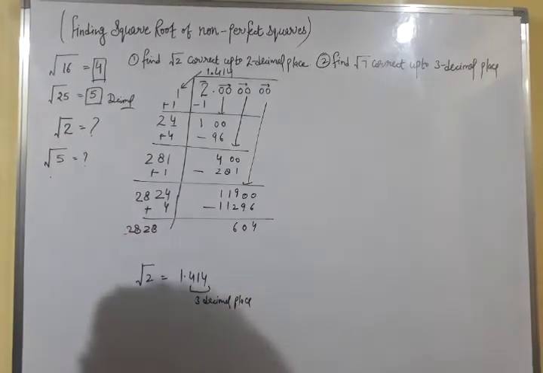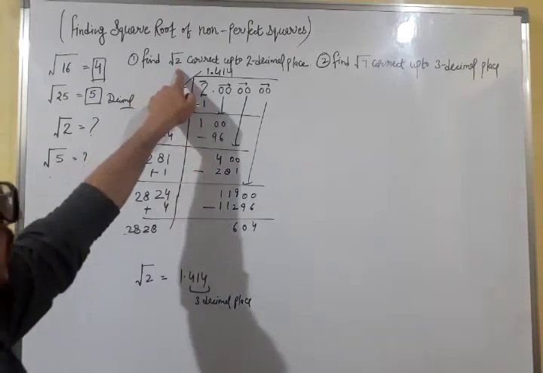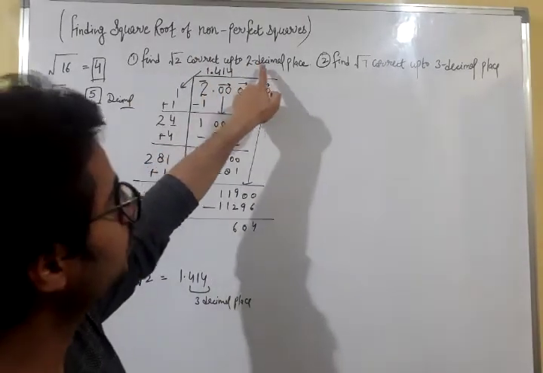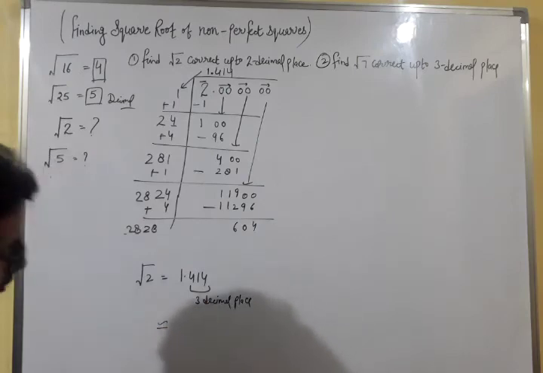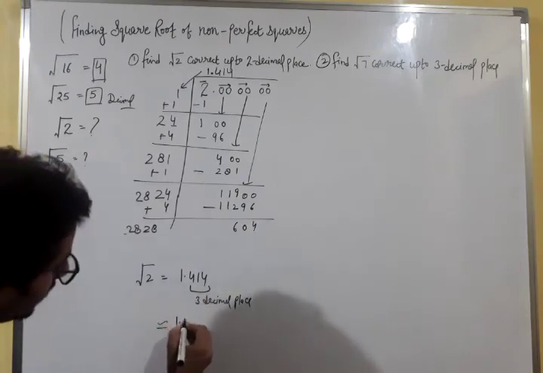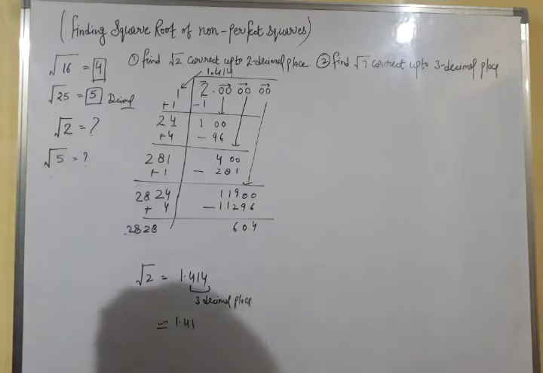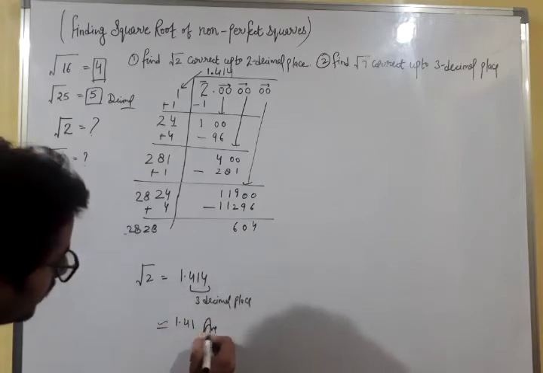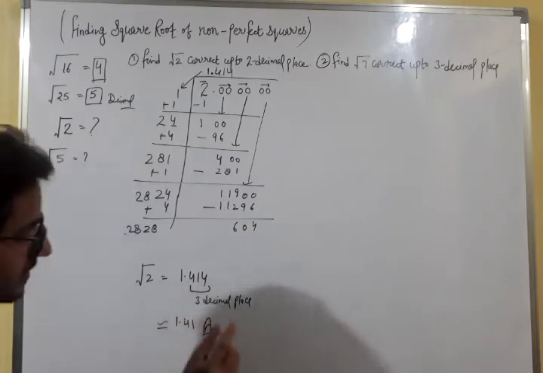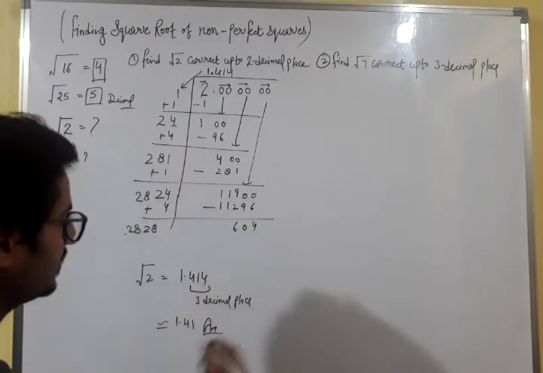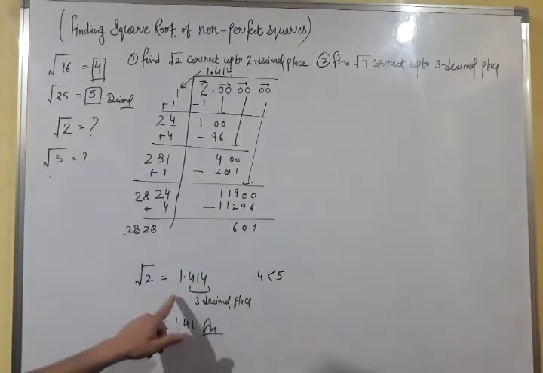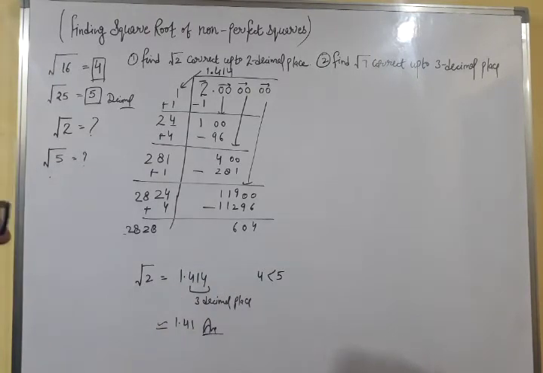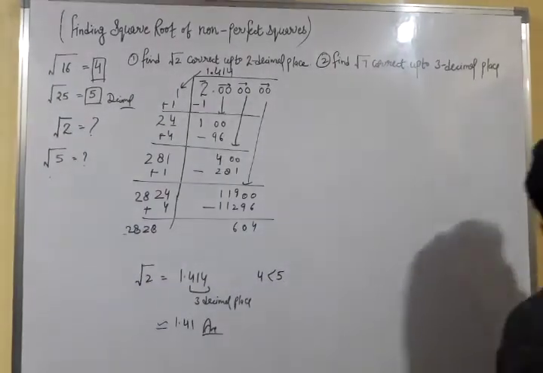But we have to write the square root of 2 correct up to 2 decimal places. So we will round off and it is approximately equal to 1.41. Why is it 1.41? Because the digit written at the third decimal place is 4 and 4 is less than 5. Therefore, its value will be 1.41 correct up to 2 decimal places.